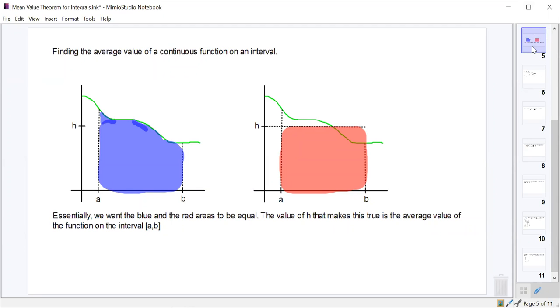So suppose I said that the depth of a swimming pool varied throughout the year, and I knew that it followed some continuous function that looked like this.